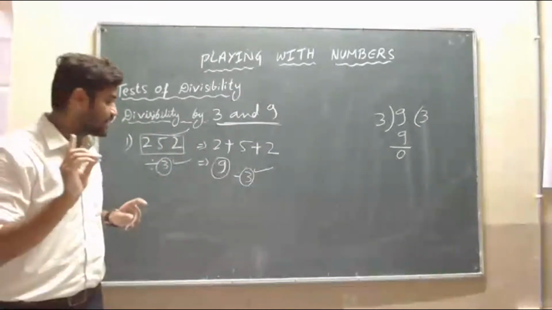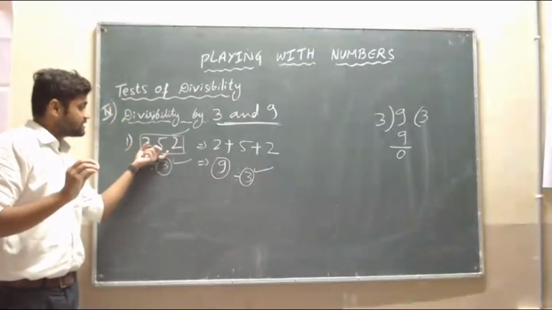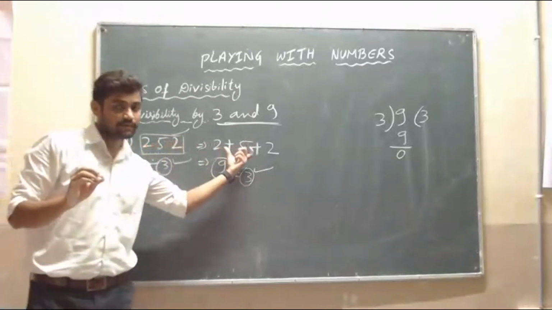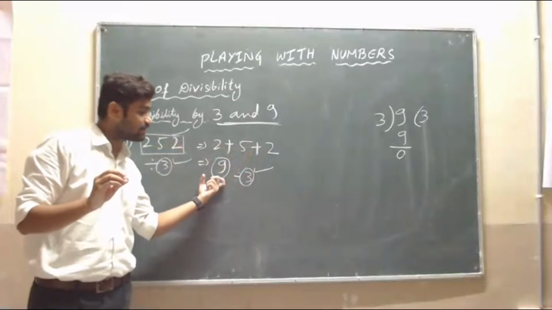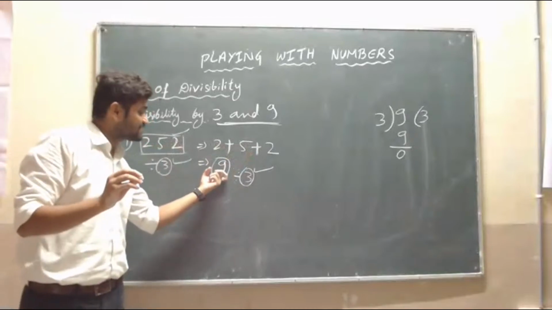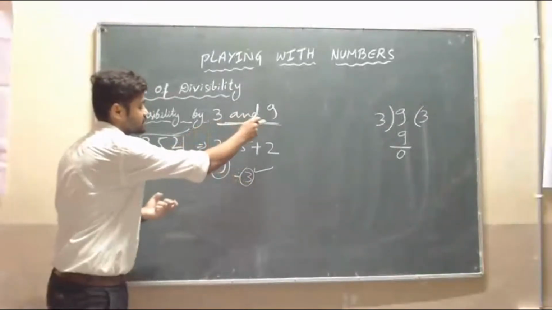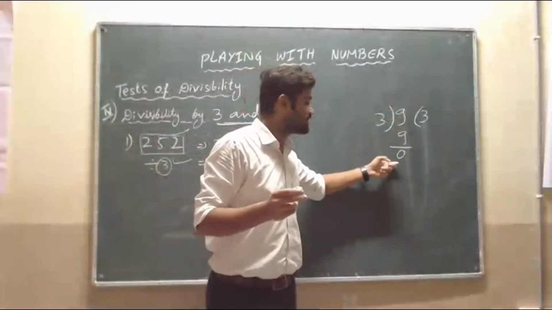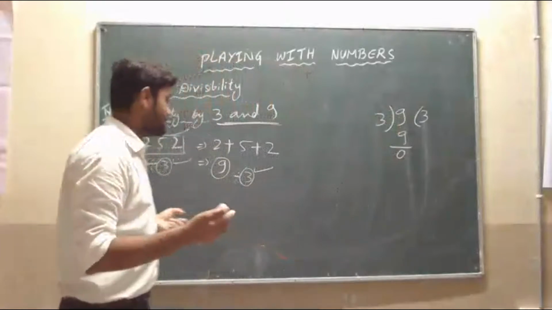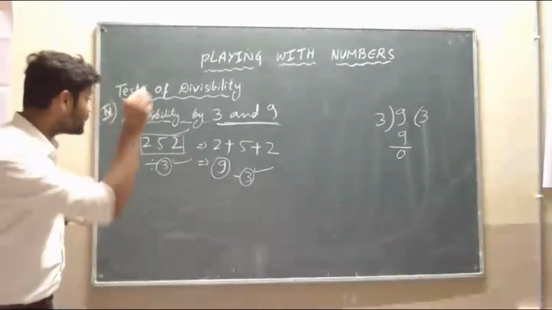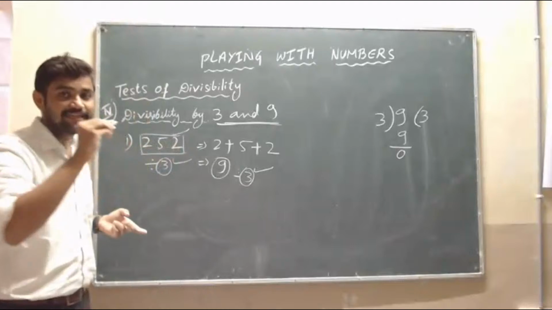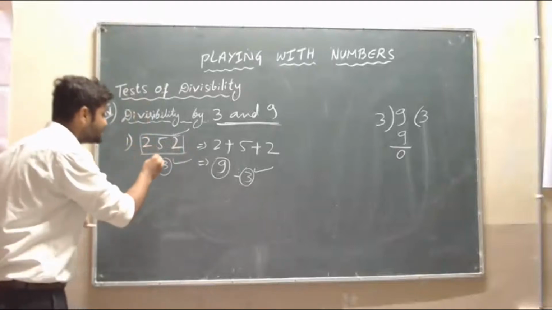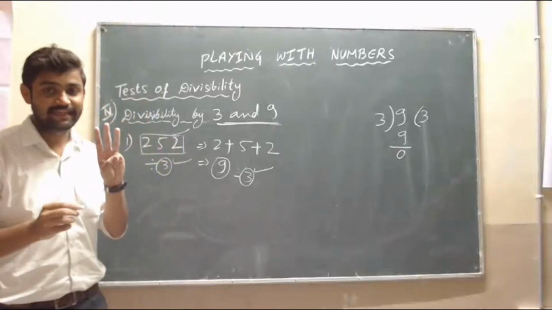Understood? The first step is to add all the digits. Then you will get a number. Then we check with these two numbers, whether 9 is divisible by 3. Yes sir, that is easily divisible by 3. Then we can say that the question input, 252, is also easily divisible by 3.